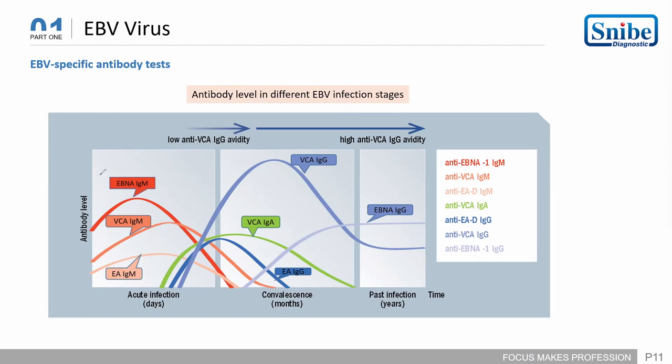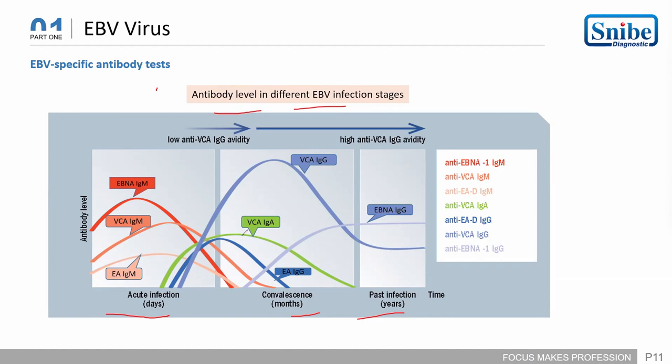You can see the antibody levels in the different EBV infection stages, from the acute phase to the convalescent phase and past infection. The first are EA-IgM, VCA-IgM, and EBNA-IgM. These three markers increase in an acute infection. Within a few days, it converts to VCA-IgA, EA-IgG, and VCA-IgG.